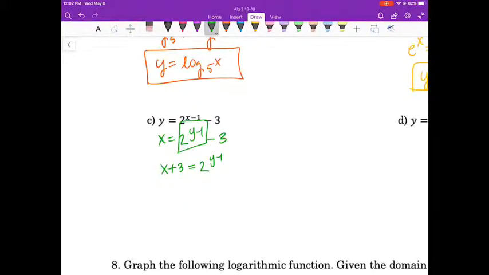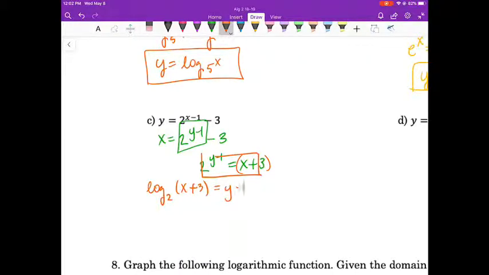So we log loop it, and again, we can move that x plus 3 to the other side. So we'll have log base 2 of x plus 3 in parentheses equals y minus 1. Our last step to get y by itself is to add 1 to both sides. So I have log base 2 of x plus 3 in parentheses, then plus 1 equals y, or for us, put the y first.